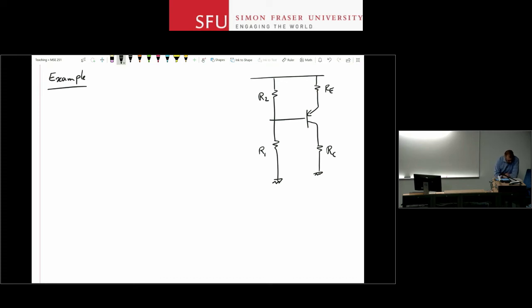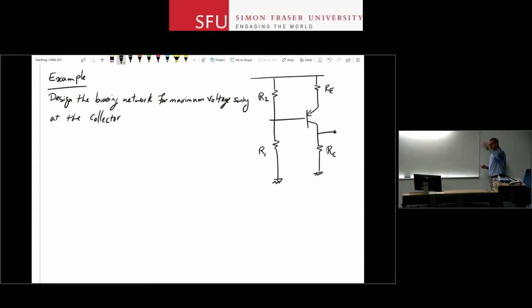Okay. And the question here is: design the biasing network for maximum voltage swing at the collector. So this is our output node.